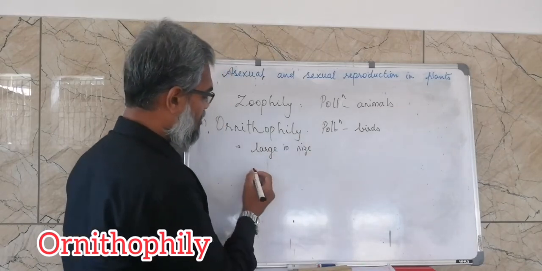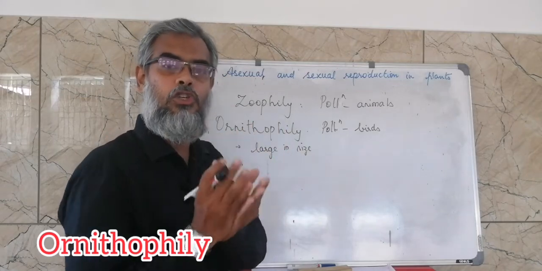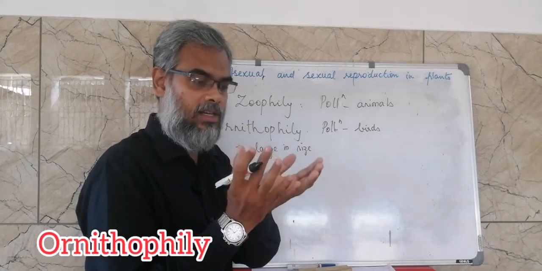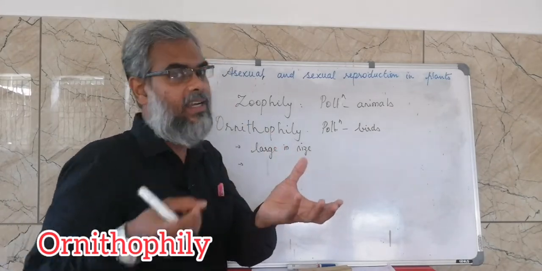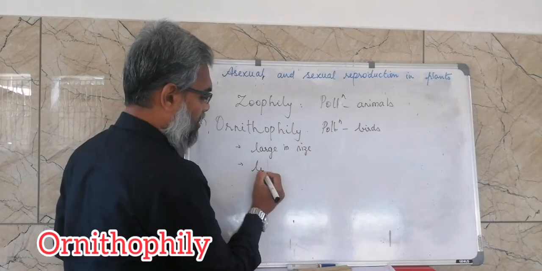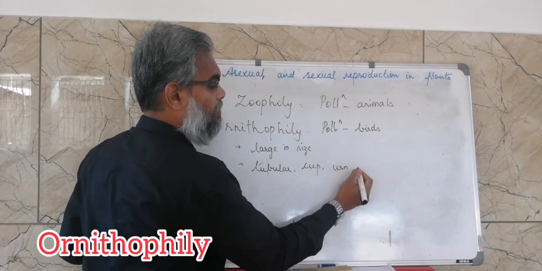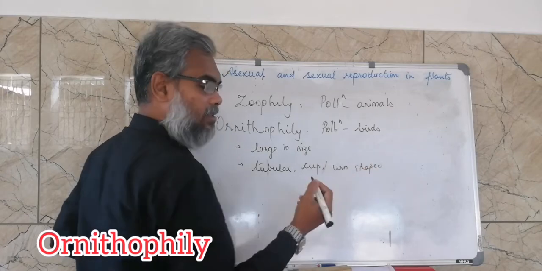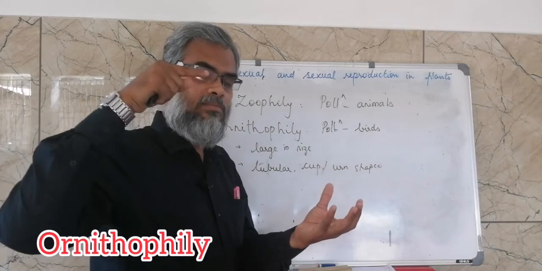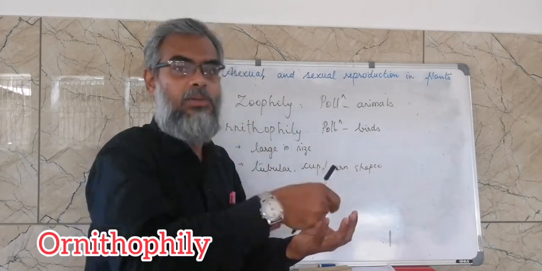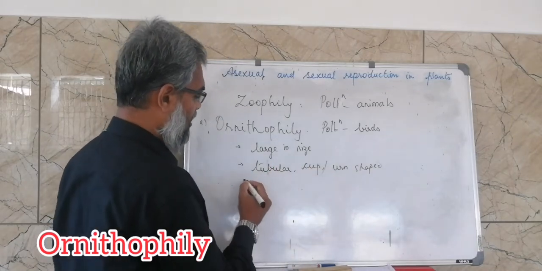Then the flower should be somewhat tubular or cup shaped or urn shaped, so that the bird can come and use its beak to take the nectar. So it helps in pollination. So the flower should be arranged like that.